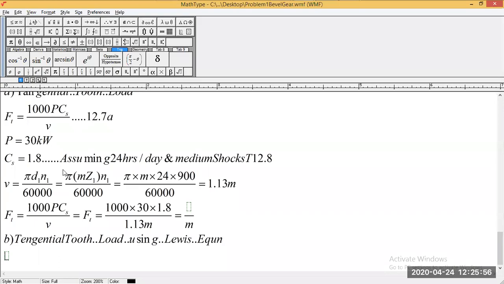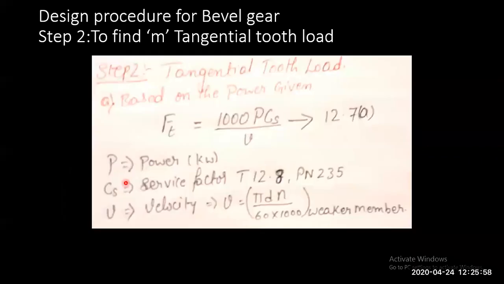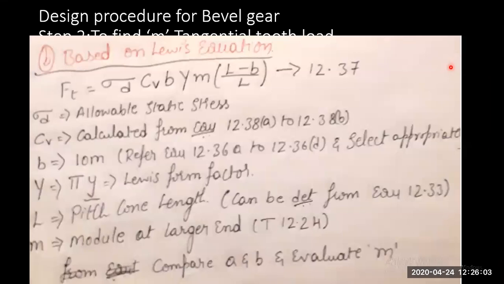The Lewis equation, we'll go back to the data handbook. Right, so this is our part B. There is a Lewis equation given in the data handbook, equation 12.37. So let's note down this value: sigma d Cv b Y m.